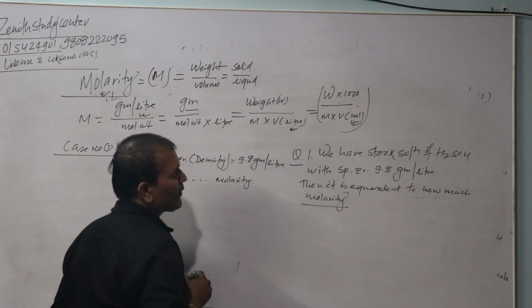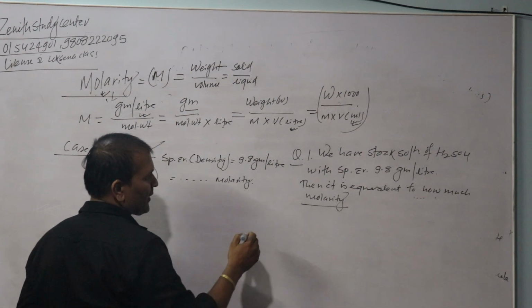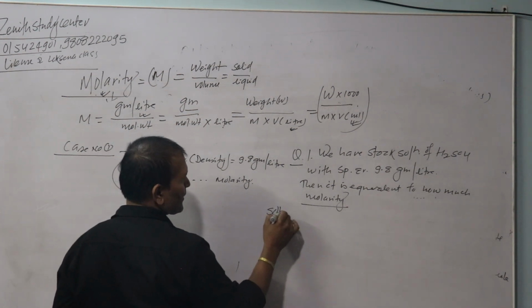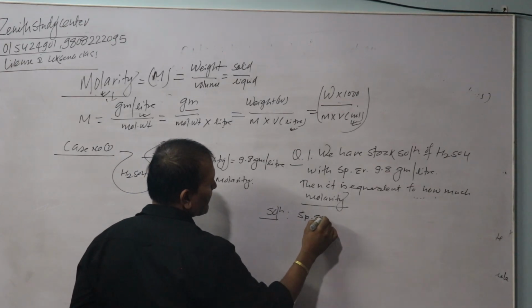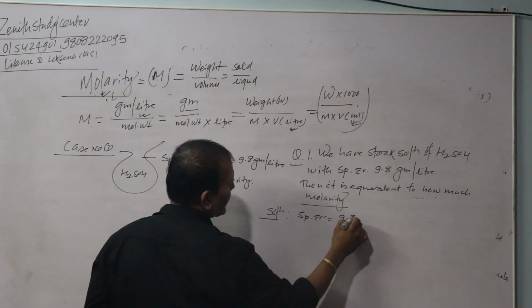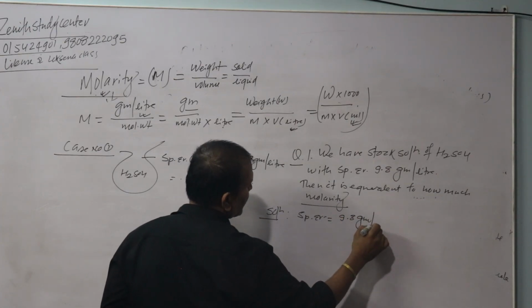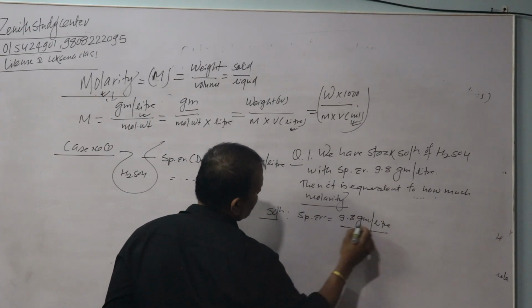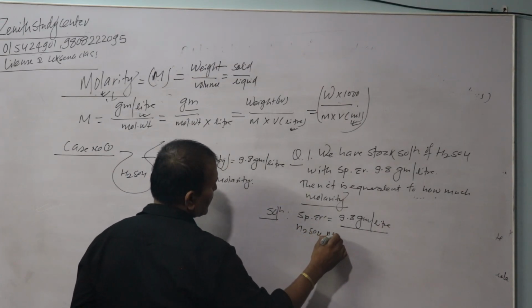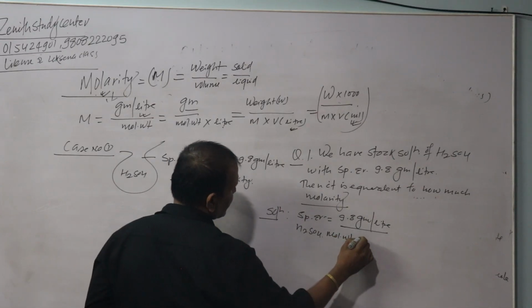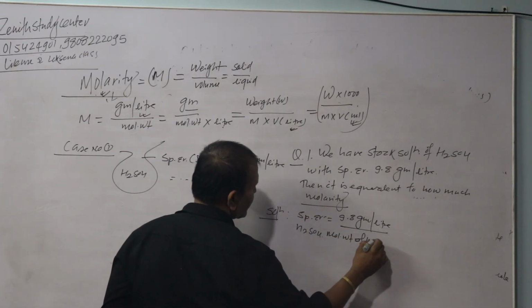So how do we solve that? Given SPGR 9.8 gram per liter. The molecule is H2SO4. So what is the molecular weight of H2SO4?